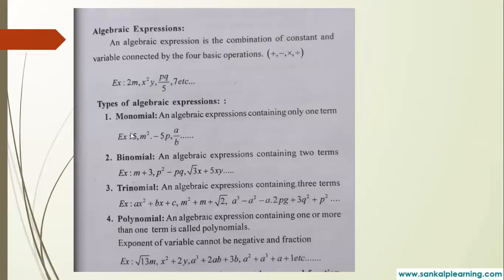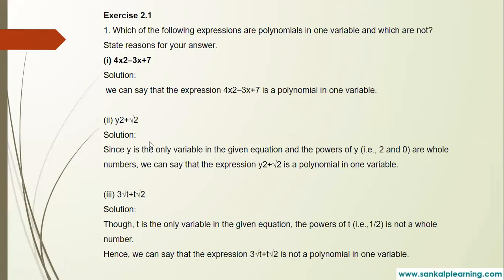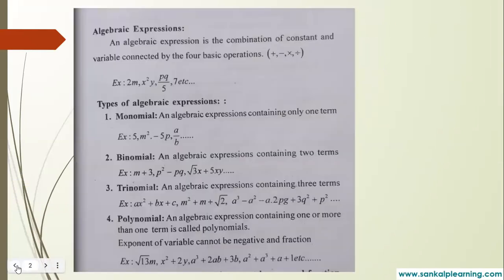See here, a monomial has only one term, like 5, m square, minus 5p, a by b. These are single terms. Binomial means two terms, like m plus 3; m is one term and 3 is another term.